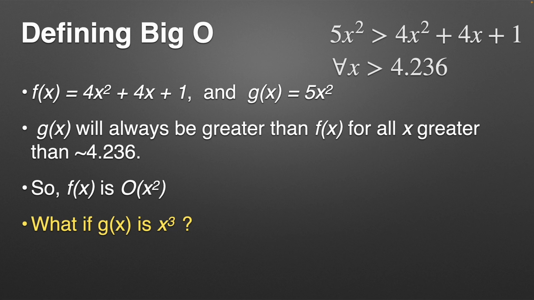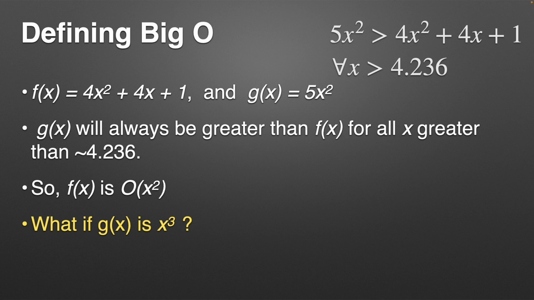X squared is always going to work for us. If something's big O of x squared, is it also big O of x cubed? Yeah, it is. Why? Because big O is an upper bound, right? So just like we talked about earlier, we could pick anything higher, right?